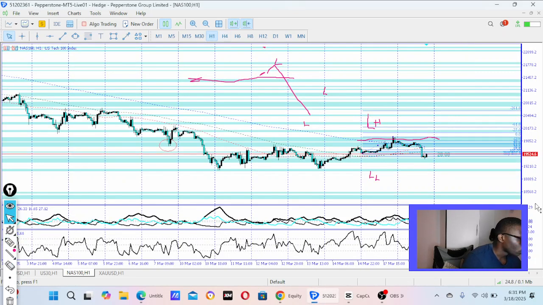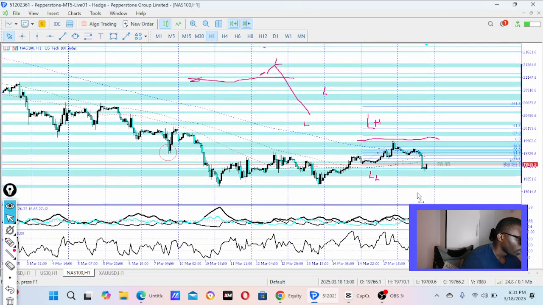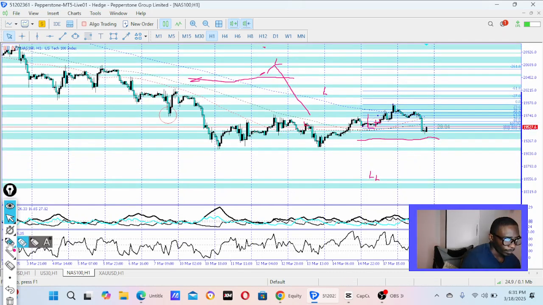The area that I'm going to mark here is the movement that happened yesterday. This area here, this area here, this area here is the movement that happened yesterday.